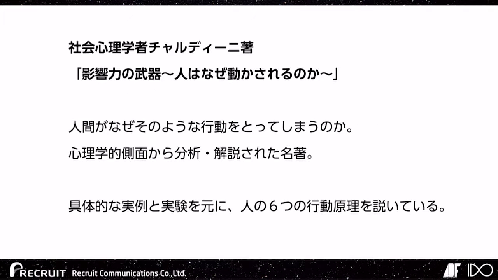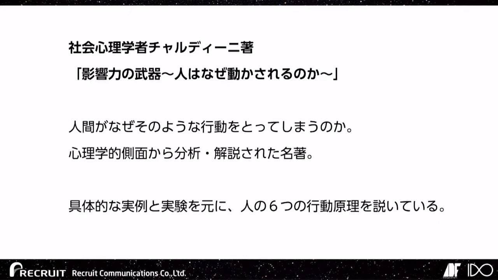Just for reference, we use the sociologist Cialdini's Influence: The Psychology of Persuasion, the best-selling book in social psychology. It says why people are moved. I will give you some examples.